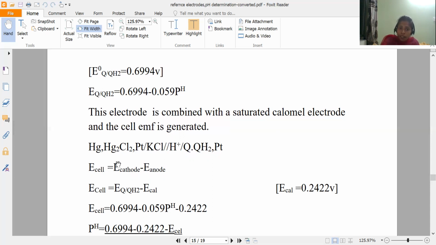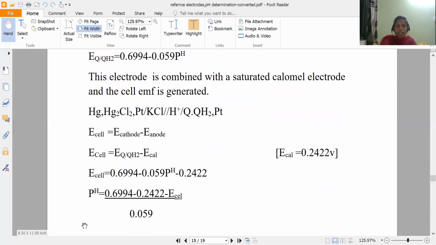The value is 0.2422. So let us substitute that value also. By taking this to the left side and this to the right side, we can find the pH. Finally we got the pH as 0.6994 minus 0.2422 minus E cell, divided by 0.059. This is the formula of pH.